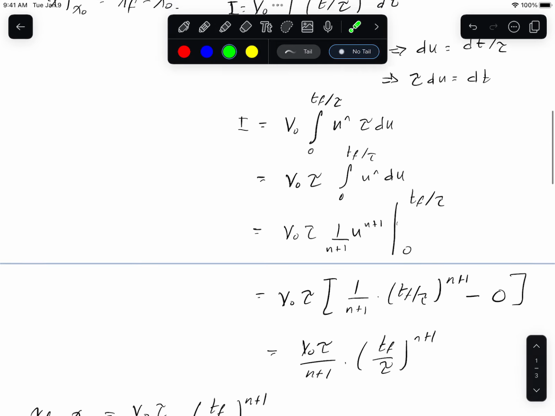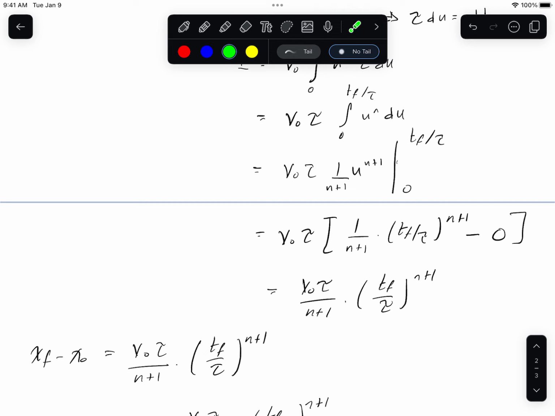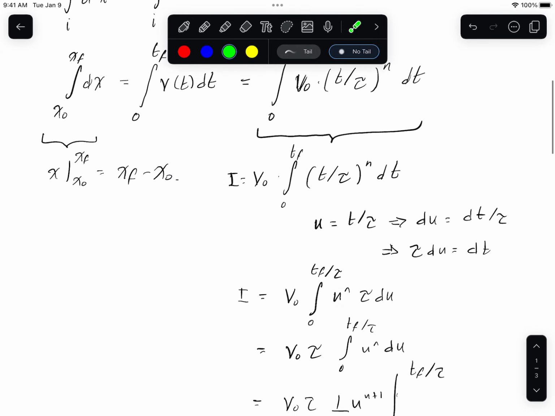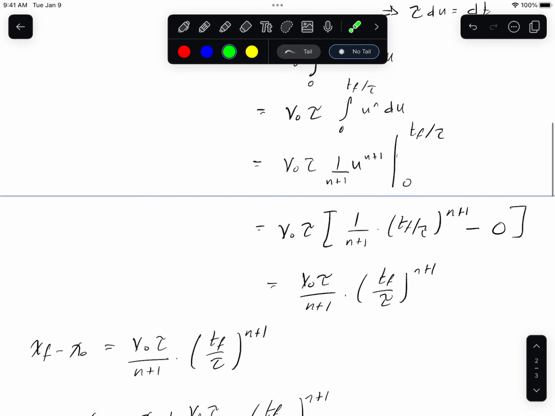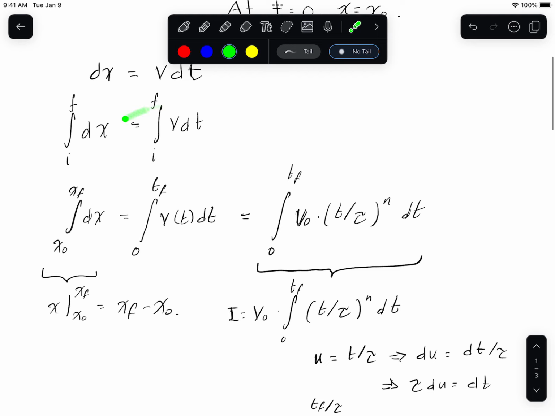This is just doing integrals. It's a whole bunch of algebra. You need to know how to do it, but that's not really the point of a physics class, right? This is something that you learn in calculus. You should be comfortable with it. If you're not, you should practice it some, right? But this part over here, setting up these integrals, making sure that your limits are correct, that's the thing that I really, really care about. Okay?